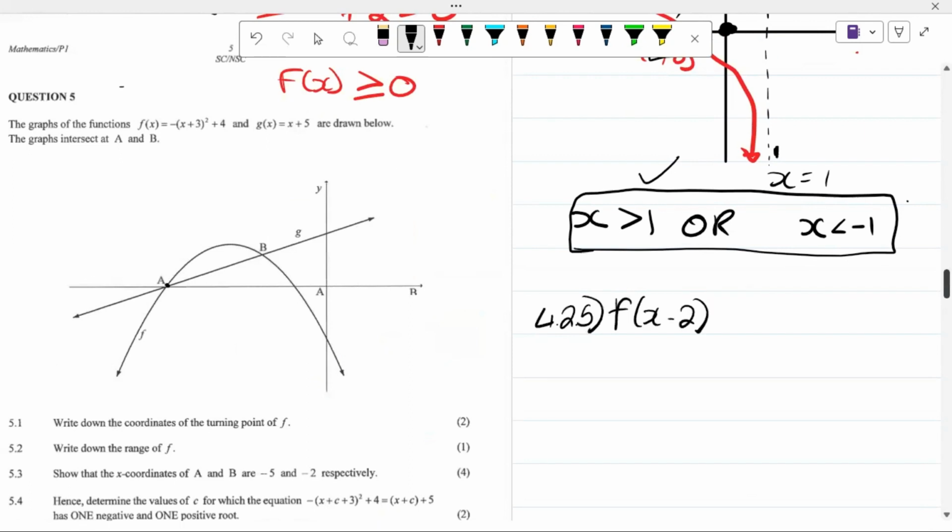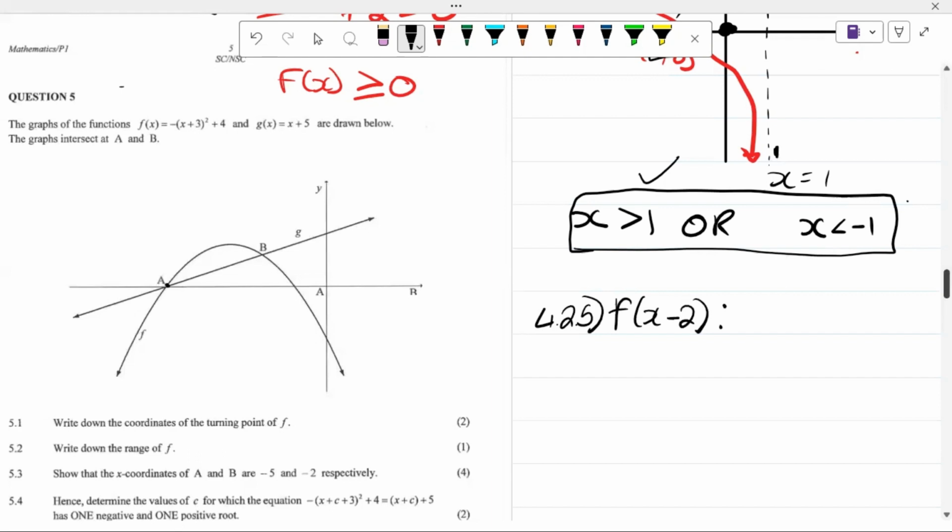So what does this shift tell us? First of all, when we have a number inside a bracket and it's a negative, that means we are shifting to the right.